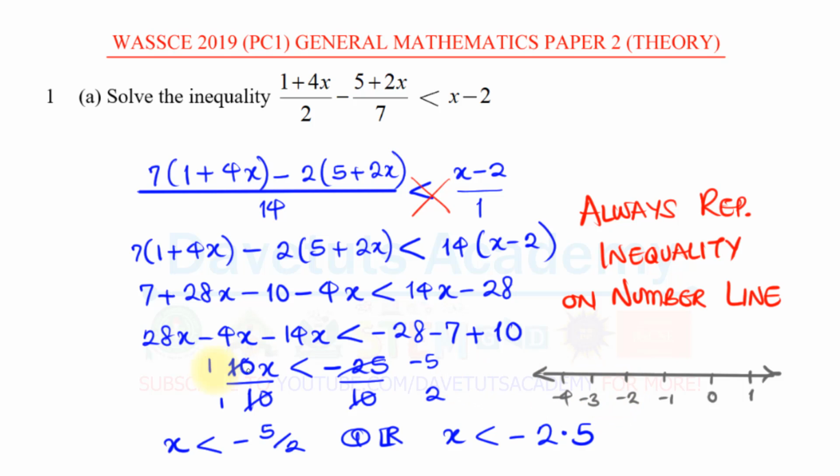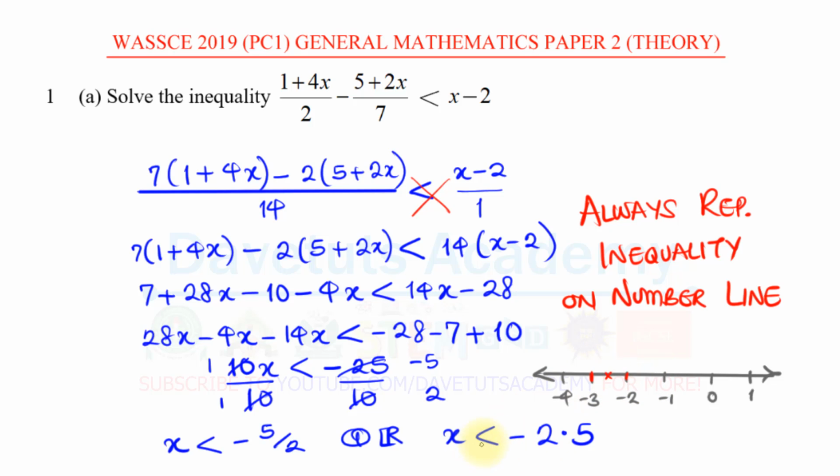What we are concerned about in this particular case is minus 2.5, and we can see that will be between minus 2 here and minus 3 here. It is the midpoint, that is where we have minus 2.5.